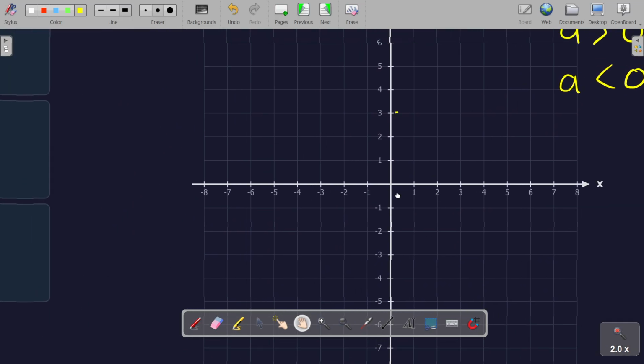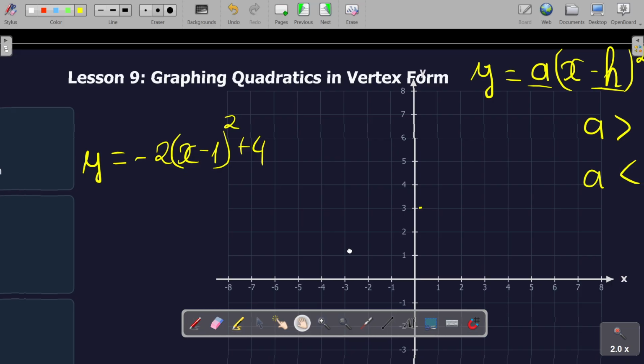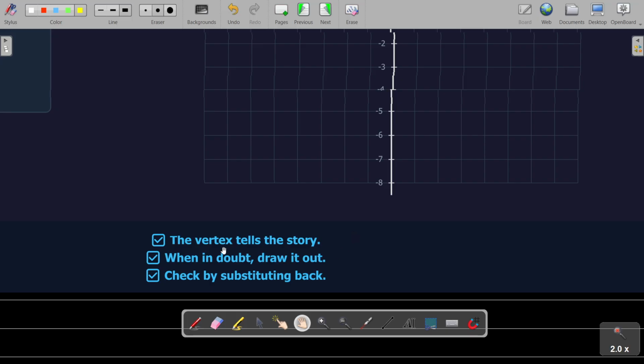So let's sketch something pretty difficult. Let's sketch y equals negative 2 times x minus 1 squared plus 4. Ooh, spicy. It's already negative, so it's like a sad face. It looks difficult, but you go to the first step.